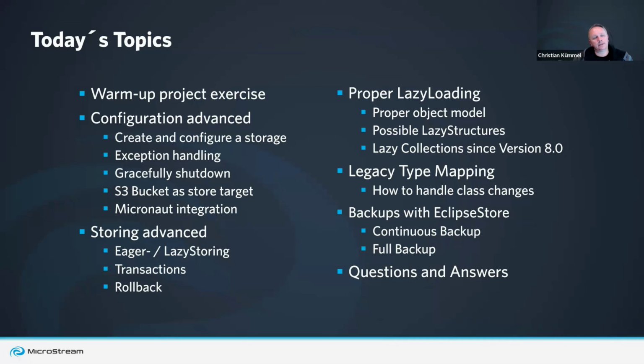We use the Java object graph as it is, with the same structure on the binary part, so no data mapping is needed anymore. That is also one reason why EclipseStore is that fast. And we just operate with pure POJO classes, just your normal, well-known Java objects. That's all we need within EclipseStore.